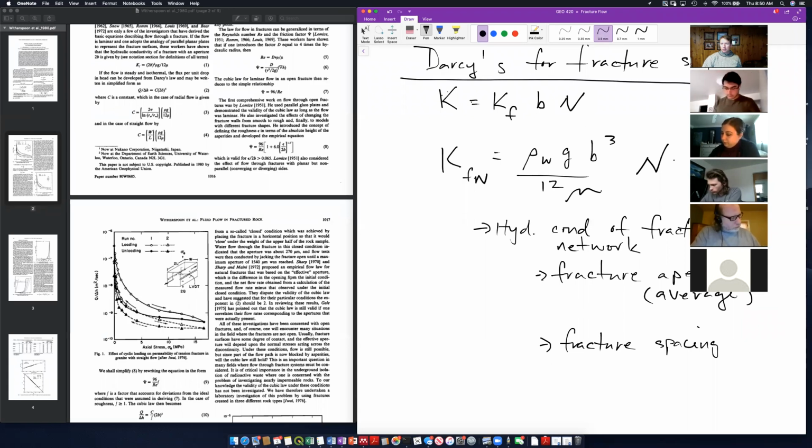So spacing goes as a linear mapping, and the aperture goes as b cubed. So aperture is significantly more important than the spacing.